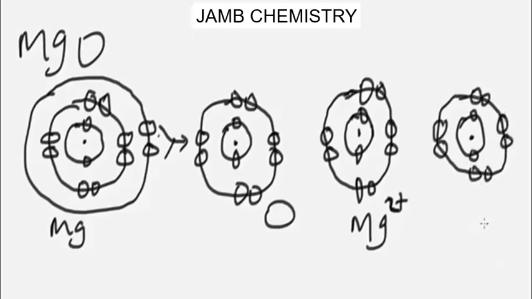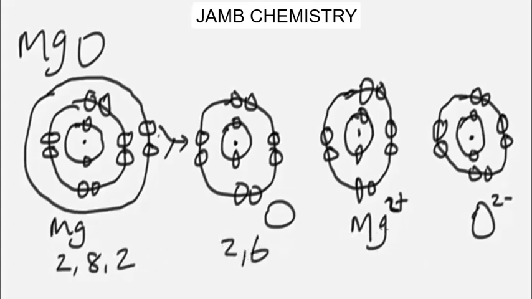This will now be our oxide ion. Initially the electron configuration for magnesium was 2, 8, 2. Oxygen was 2, 6. This time around that they have become charged, it is now 2, 8, and this one is also 2, 8. So that's basically what occurred.